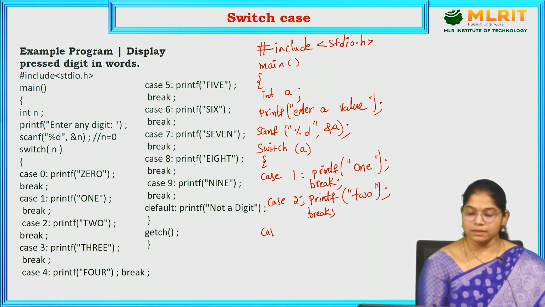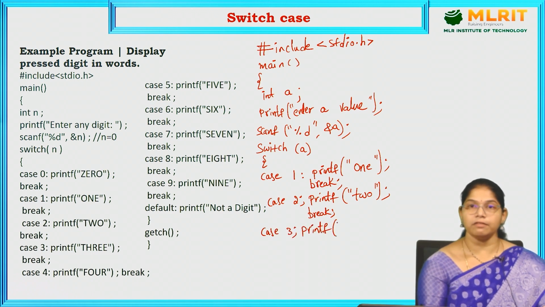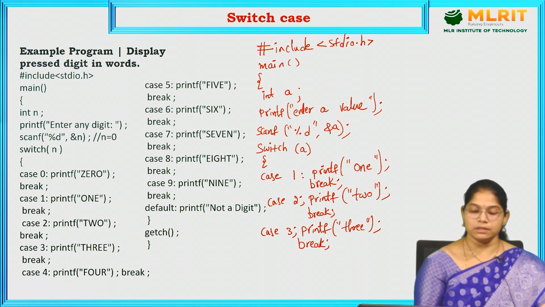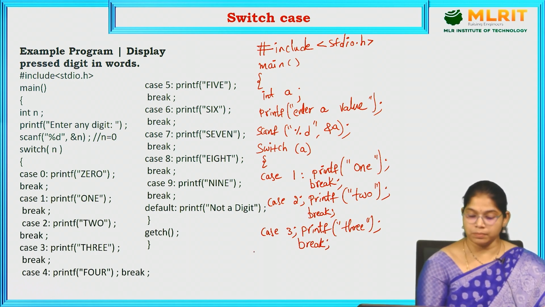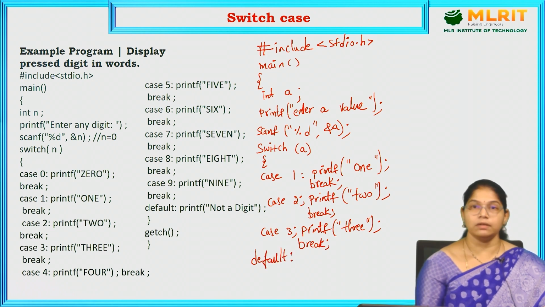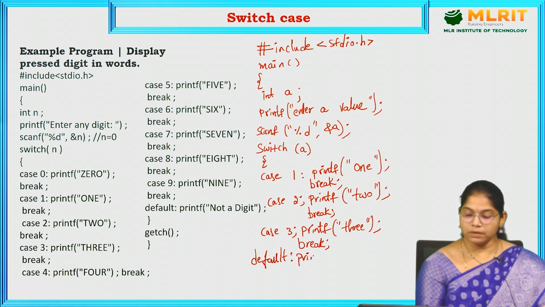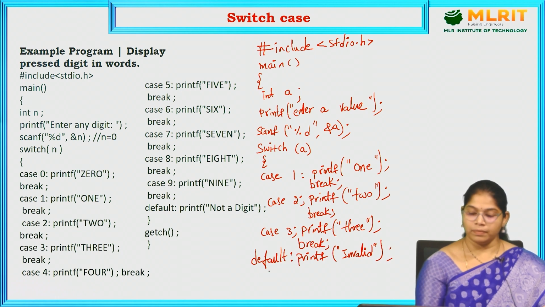One more case 3, printf 3, then break. If none of the cases match the switch value, then we have to write a default. So here I am writing printf invalid, then end of switch, end of main.